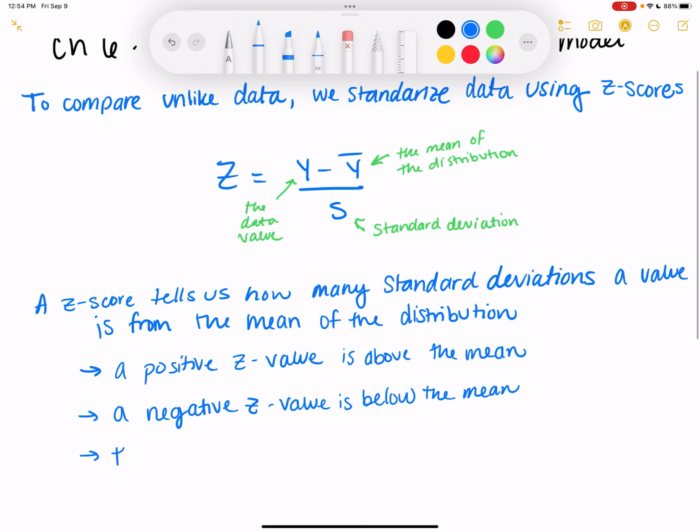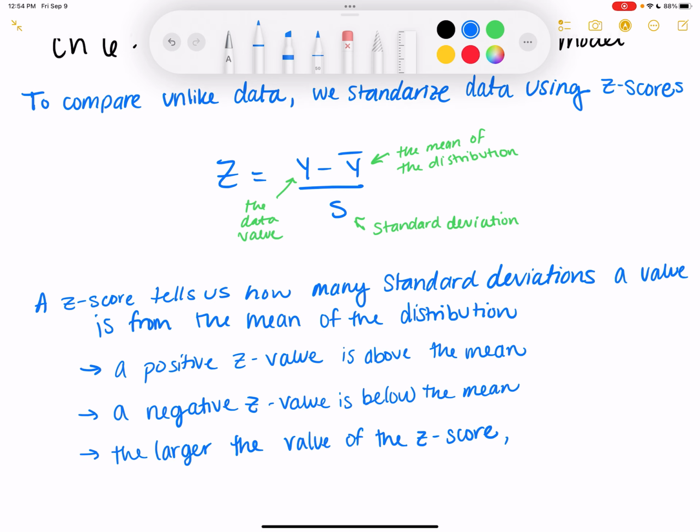And the larger the value of the z-score, and it's really the absolute value of it, because if you're -3 away or +3 away, in both cases that's still going to be considered unusual.